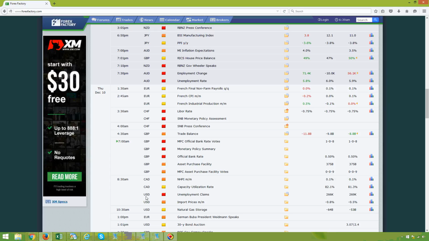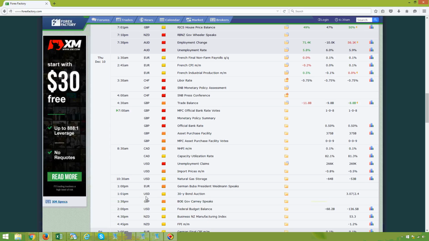Now that those unemployment claims are coming, it means that the US dollar is going to be influenced. So the pair, the euro US dollar, will move on the release based on what this release is going to be when compared with the forecasted value. This is the previous, this is the forecast, and then the actual.